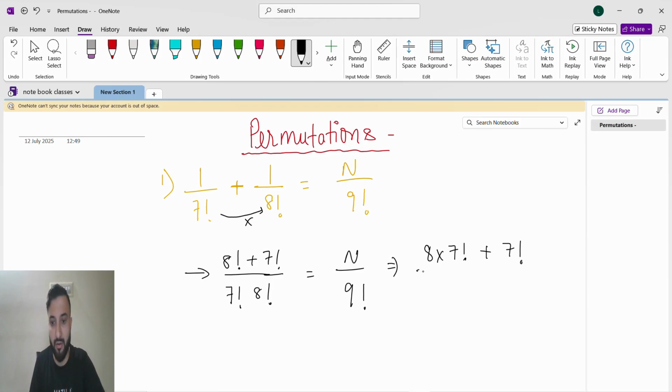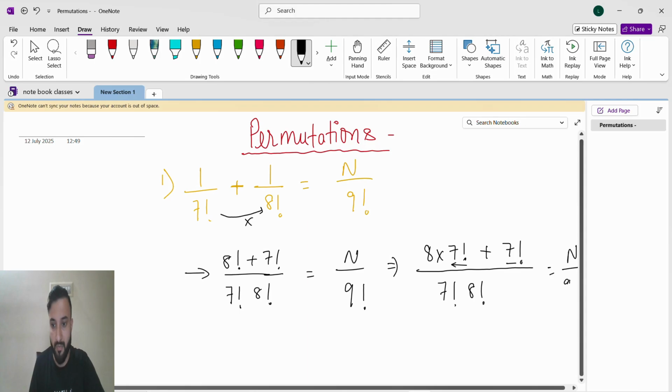Why am I doing this? Because the denominator already has 7 factorial, so if I write it in this form, I can take 7 factorial common from both terms.